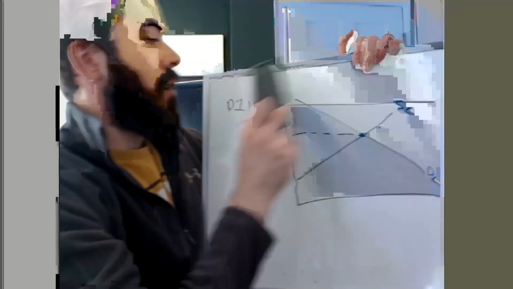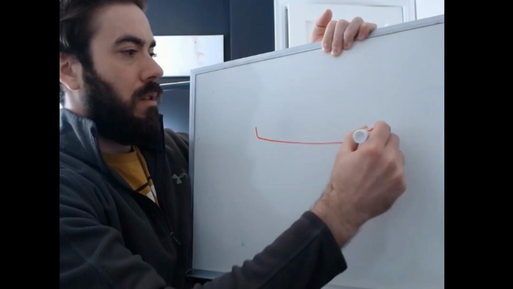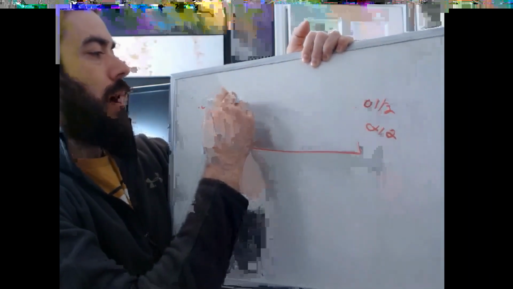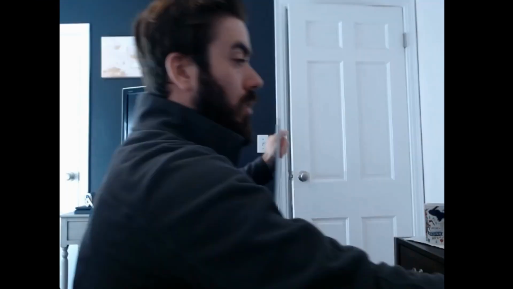You guys don't want to look at this as supply and demand graphs. So if I've got this interval, I've got alpha over 2 on each side. At the 99% level, my alpha is 0.01, so I have 0.01 over 2 on each side, or 0.005. So I want to find 0.005 as the area of my tail.